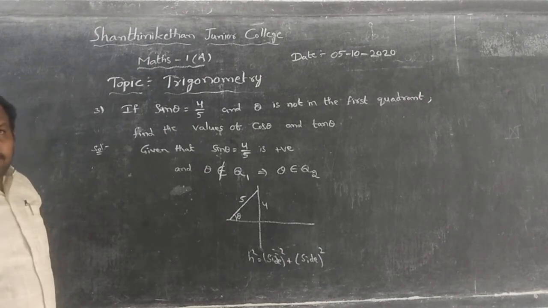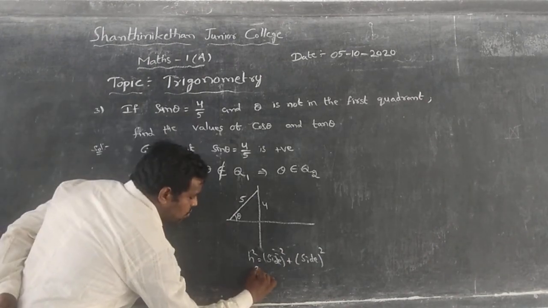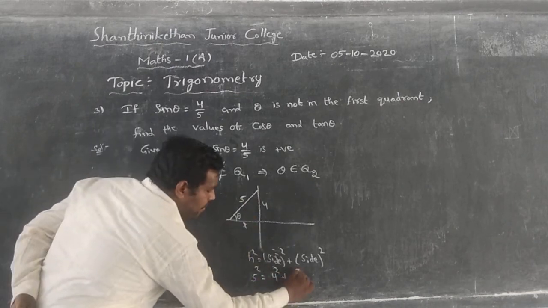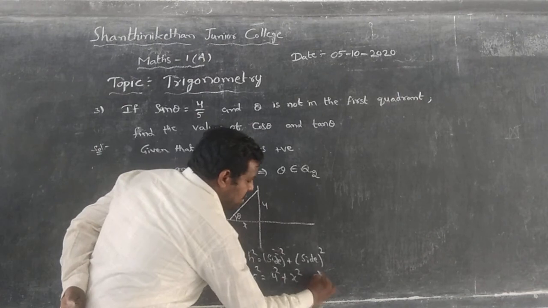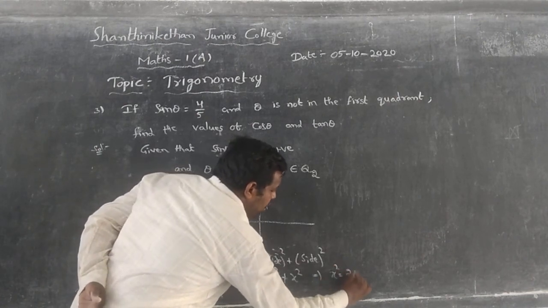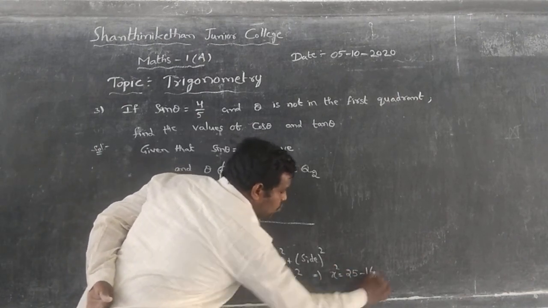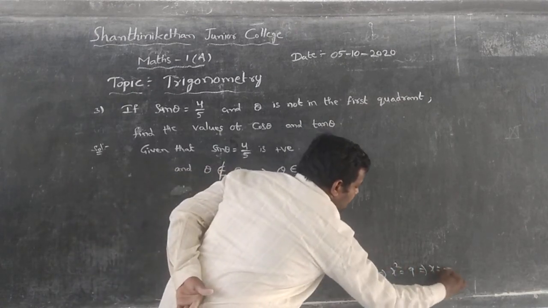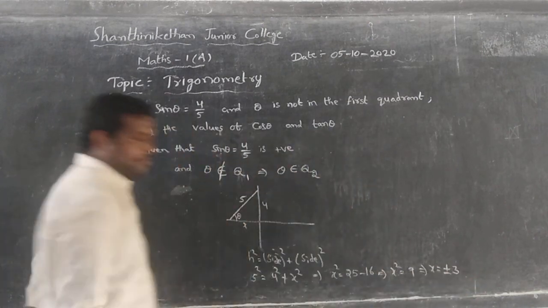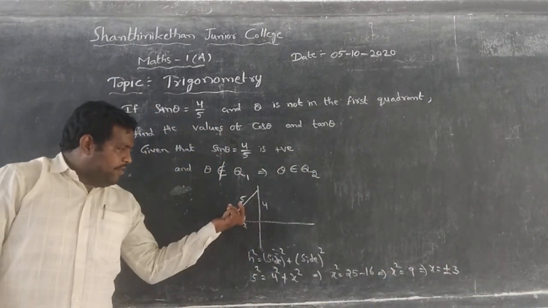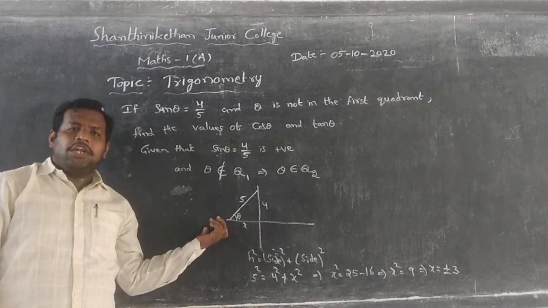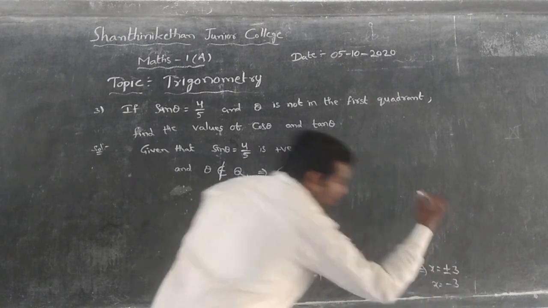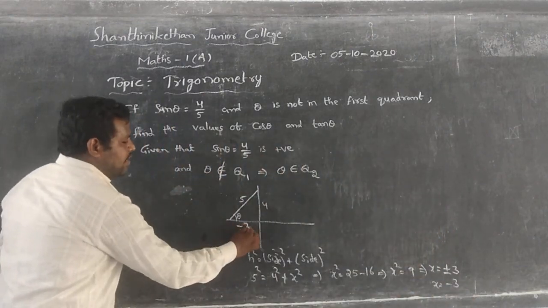In the figure, what is the value of hypotenuse? 5. 5 square is equal to 4 square plus x square. So x square is equal to 25 minus 16. x square is equal to 9, which means x is equal to either plus or minus 3. But in the figure, these side values are negative, so we can take only x is equal to minus 3.